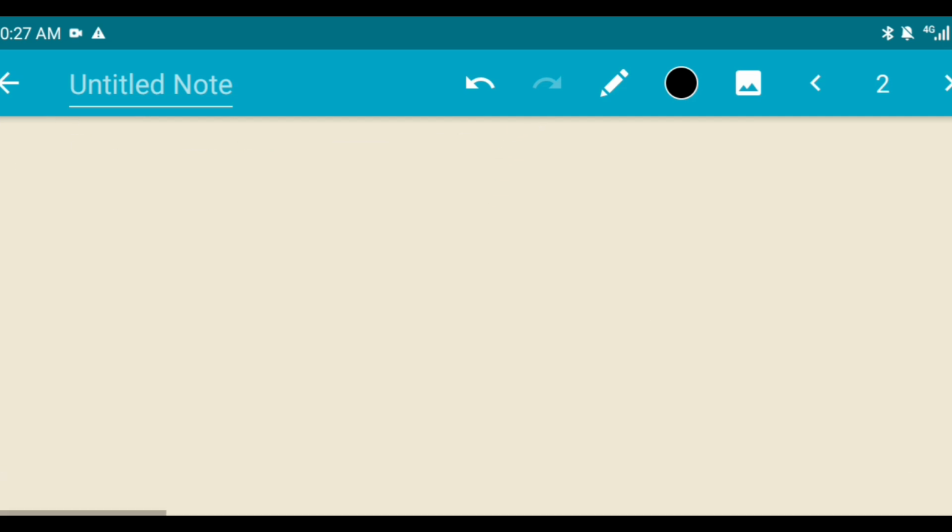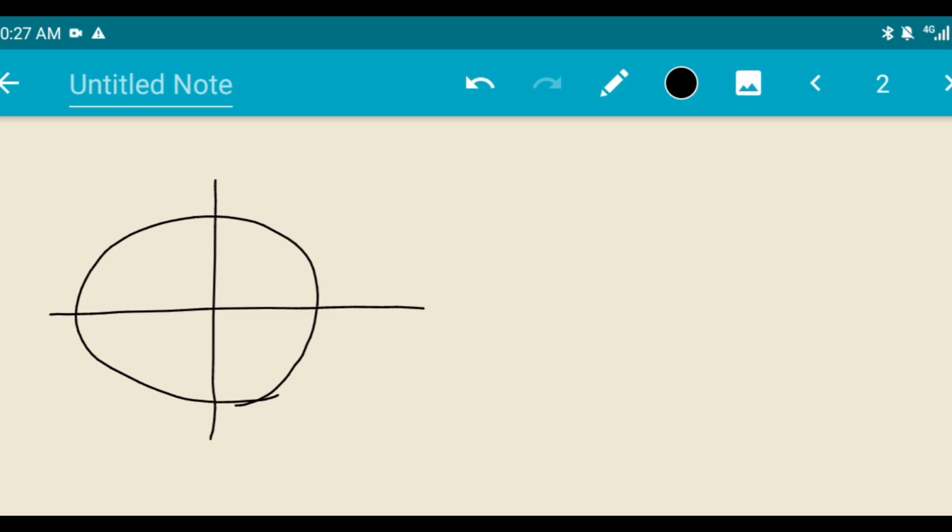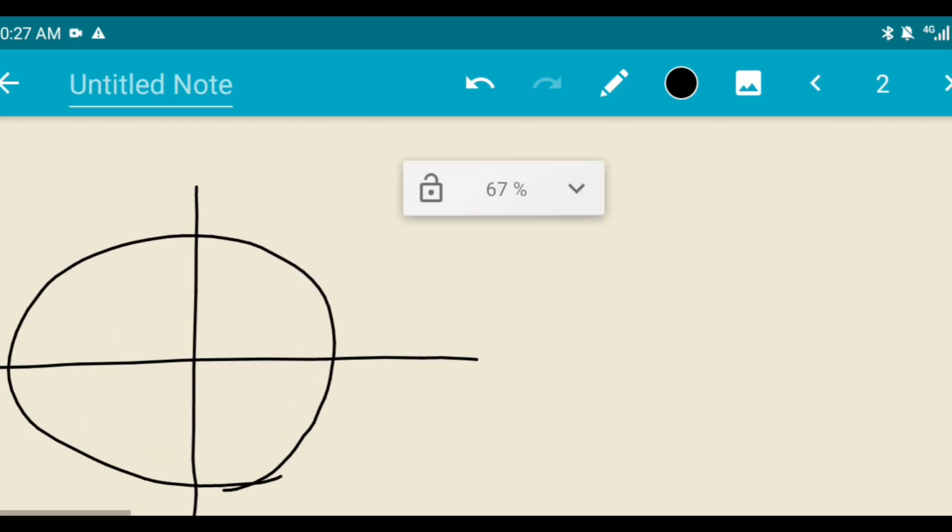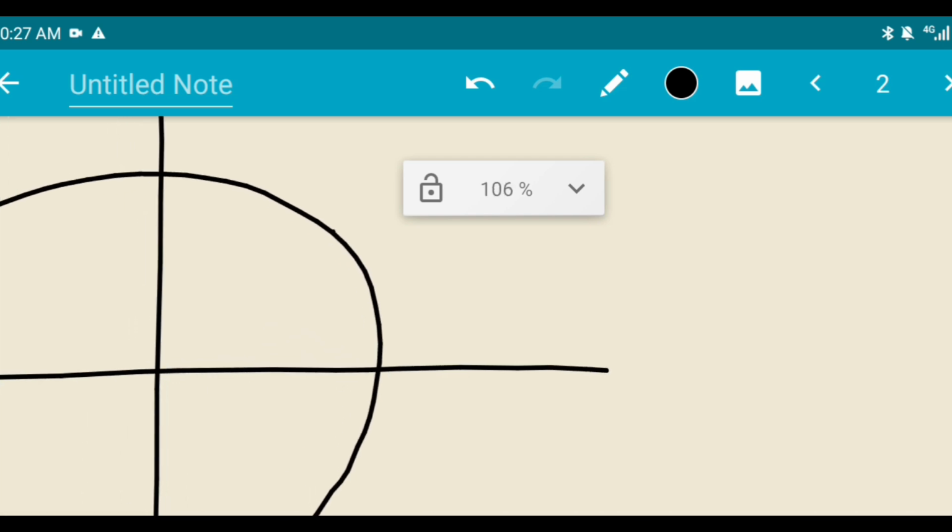So let's talk about the circle. This is your circle, obviously you know how a circle looks. We've got some point of interest here and another point of interest here.